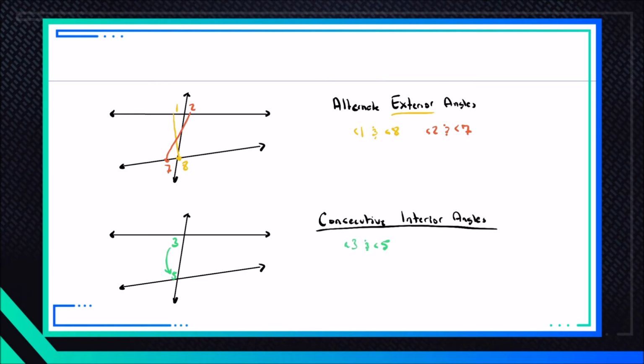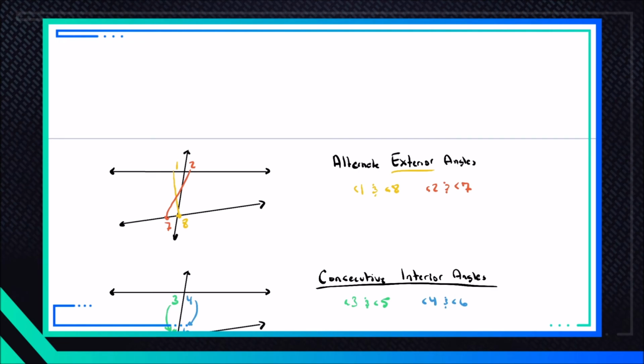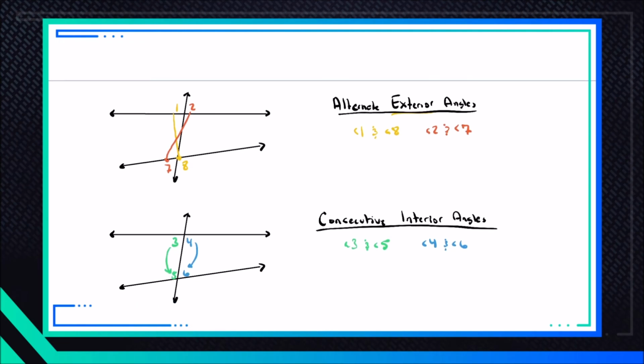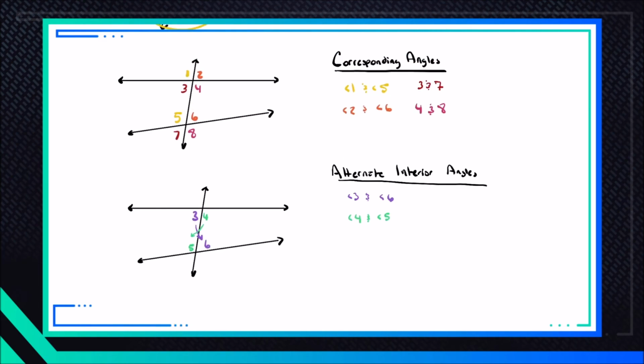And then we're going to go from 4 down to 6. So these are our different angle types. We have consecutive interior angles, alternate exterior angles, alternate interior angles, and corresponding angles.